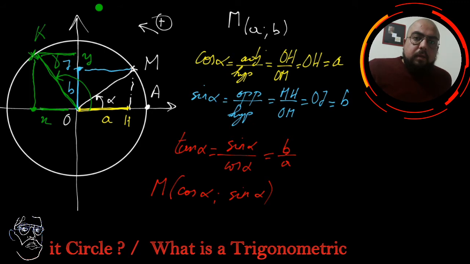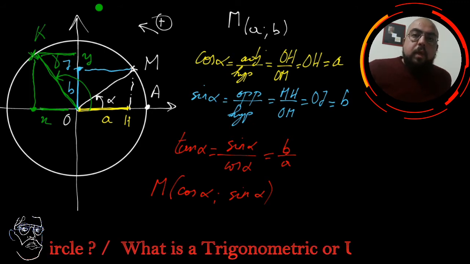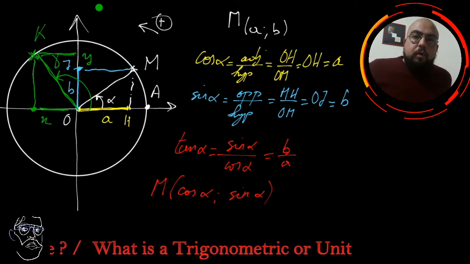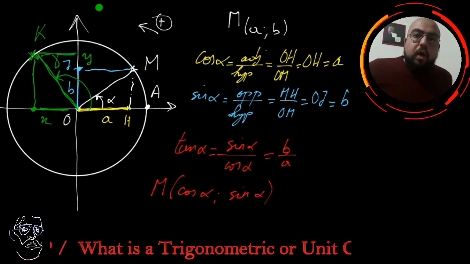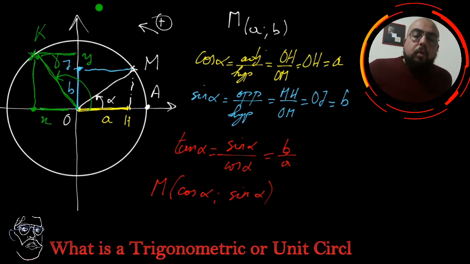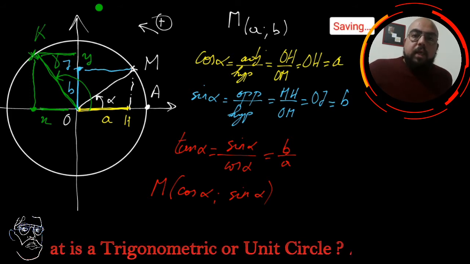These are the things that are very important in the unit circle. You have to know which quadrant your point belongs to, and from the quadrant you will be able to find out if your cosine is negative, your sine is negative.